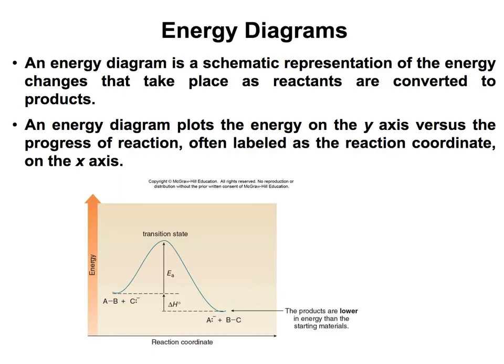An energy diagram is a systematic representation of the energy changes that we see in a reaction. What we see in an energy diagram is the energy versus the progress of the reaction, or the reaction coordinate.